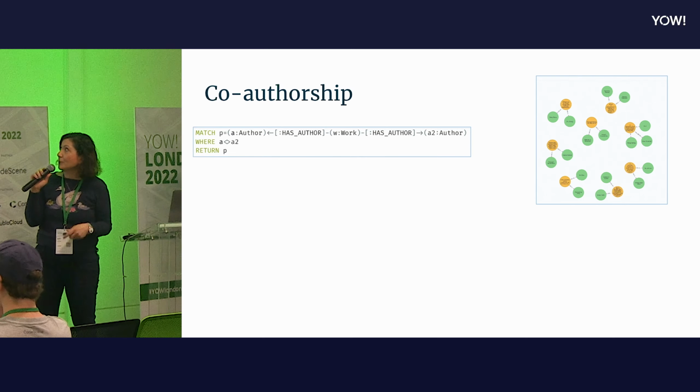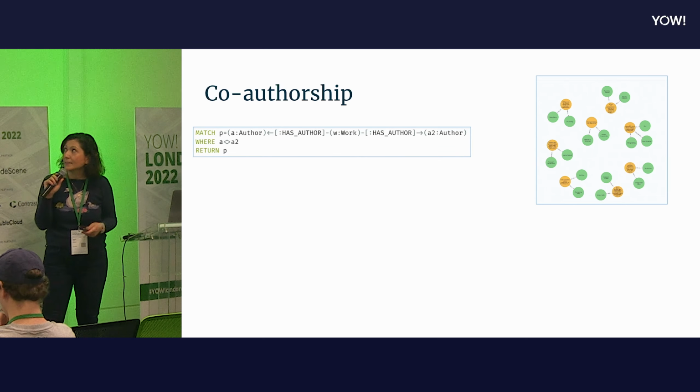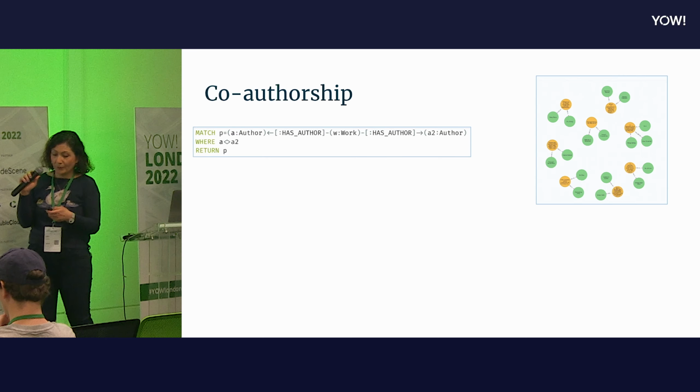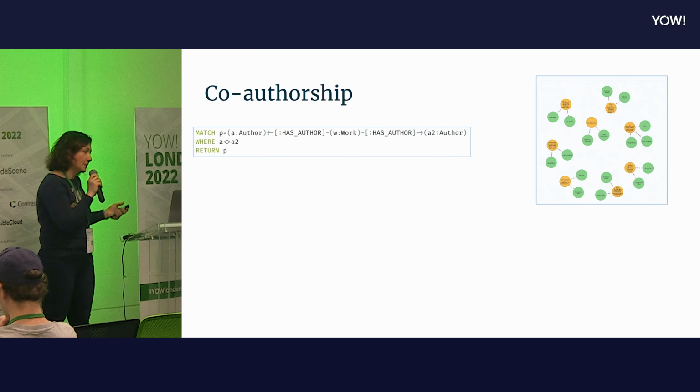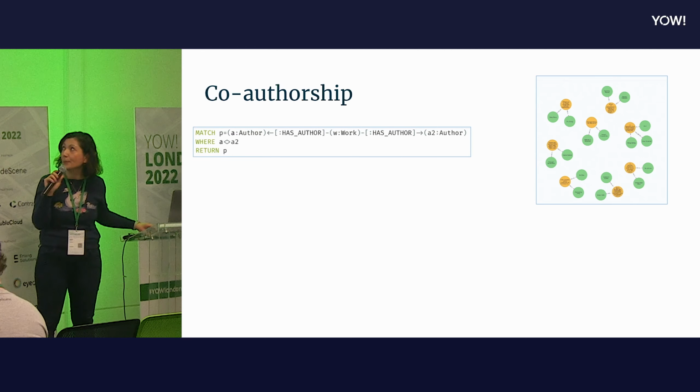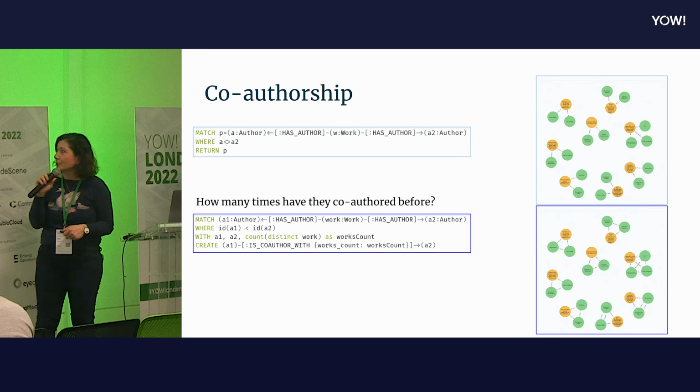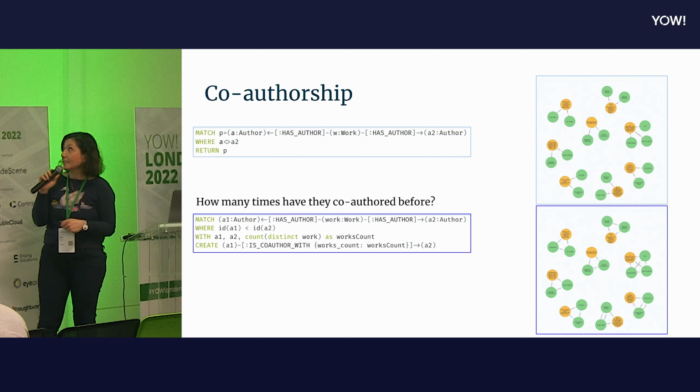This is one example of the co-authorship. We can make an easy query, giving the number of works, or for each work, the authors who worked on this together. It gives some representation. Graph does help, but we need more. We need to understand how these two entities, two authors, are related.